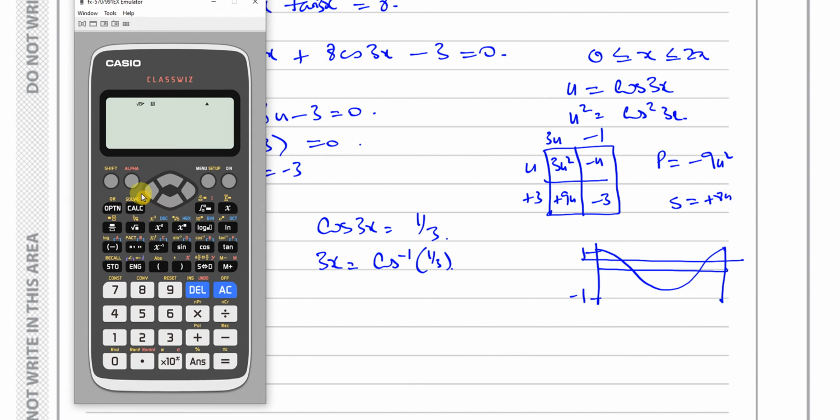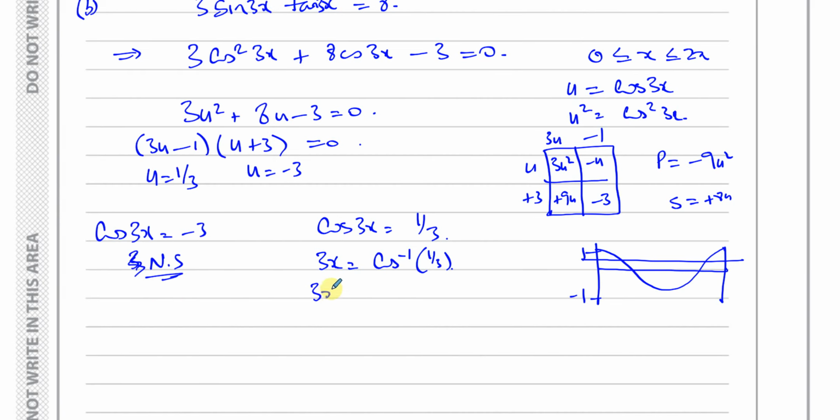Inverse cosine of 1/3 gives us 1.2309, so 3x equals 1.23095, and it continues on. Now, one thing we have to be careful of here is the fact that our limit says x between 0 and 2 pi.